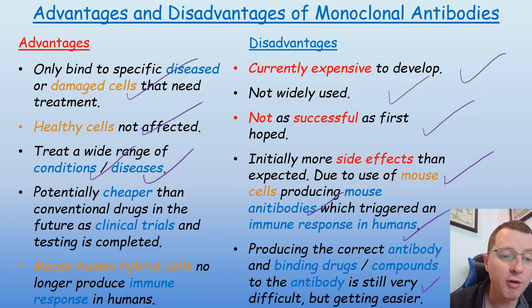The problem of mouse-human hybrid cells is no longer an issue, or not much of an issue, as they no longer produce an immune response in humans. That has been lessened, so again that is a good advantage. So clearly there's a lot of work to be done with monoclonal antibodies, but there are a lot of advantages to using them in the future.